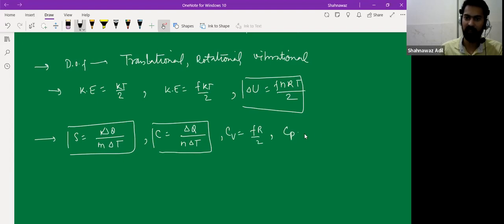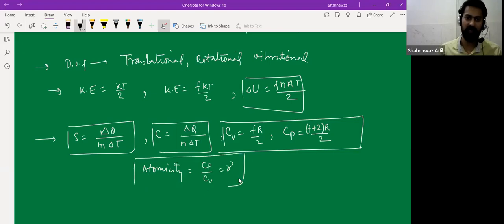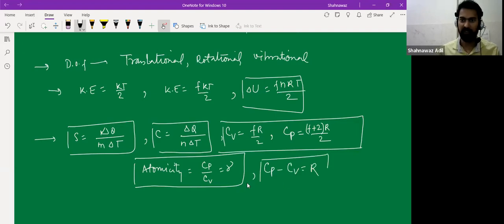And then we calculated the molar heat capacity at constant pressure, right, guys. So this much, and then we calculated the atomicity, which was Cp by Cv, for all the cases of mono, di and triatomic gases. Right, and then we also learned this relation. So this completes our kinetic theory of gases.